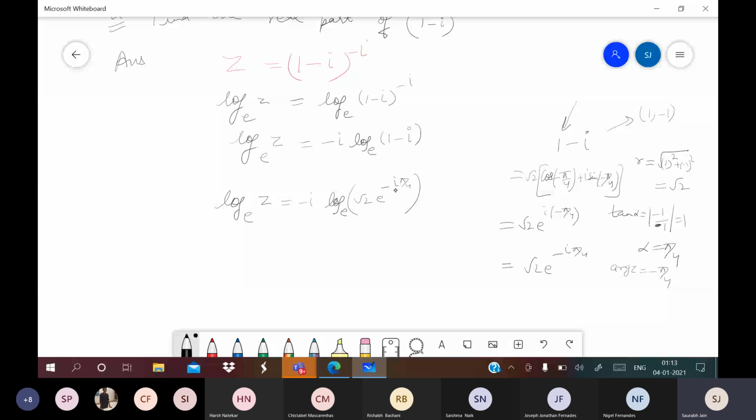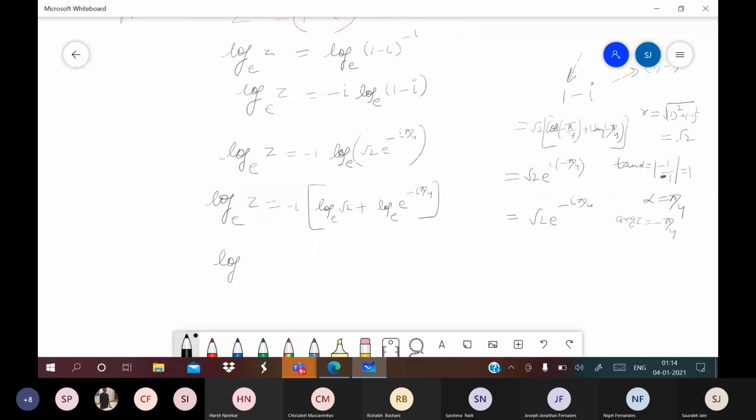Now you cannot write this power directly here because root 2 is also present. So first of all, you will have to use the property of log, that is log of m into n is log m plus log n. Then again you can use the property of log, and root 2 can be written as half log 2 base e.